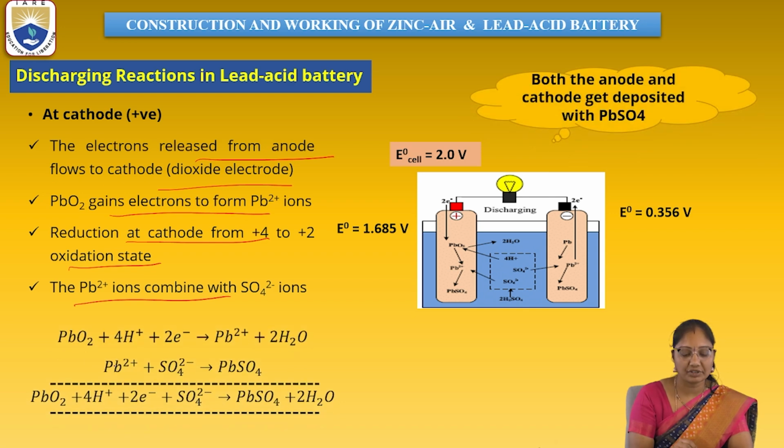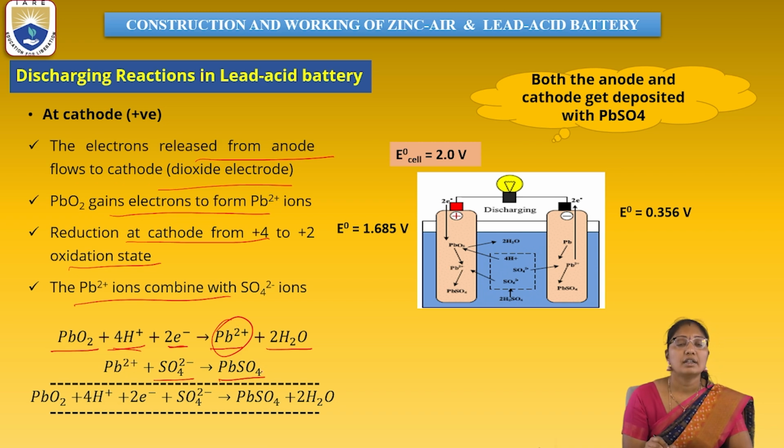The reaction is: PbO2 at the cathode gets 2 electrons from the anode and 4 H+ ions from the electrolyte, and is converted into Pb2+ and 2 water molecules. Again this lead ion reacts with the sulfate ions to give PbSO4, which is lead sulfate.